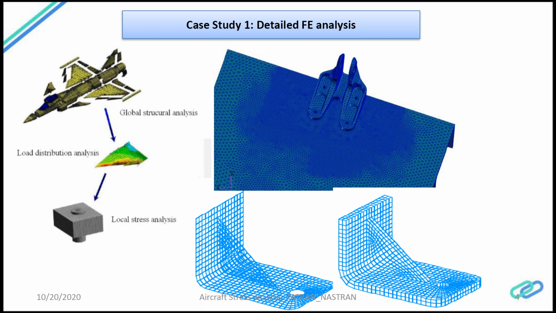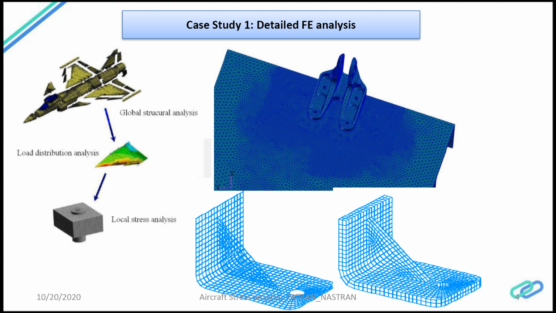Similarly, if you look at the bottom figure over here, there are two L brackets presented, and one has to know how to model these attachment brackets in detail and where.